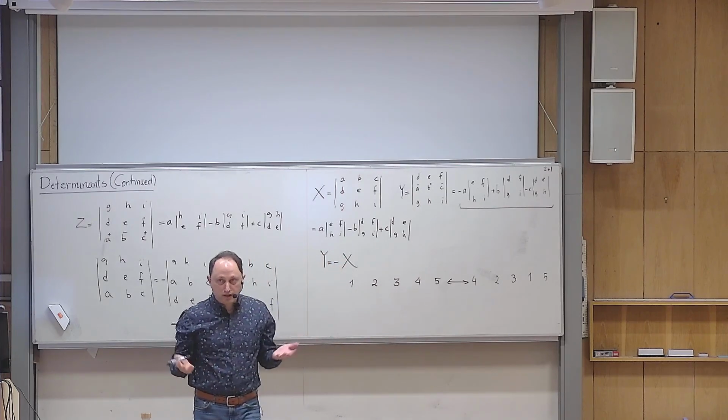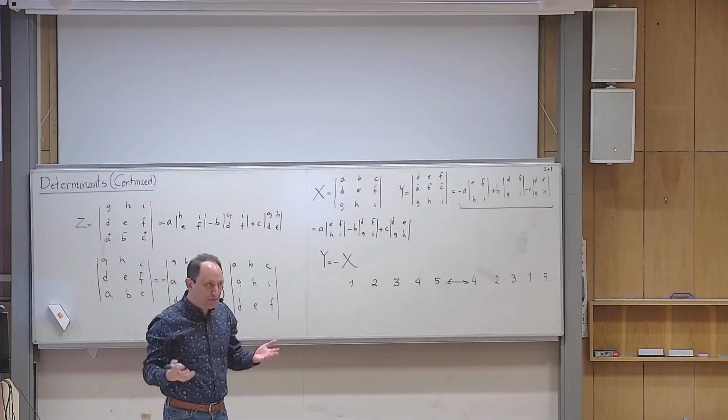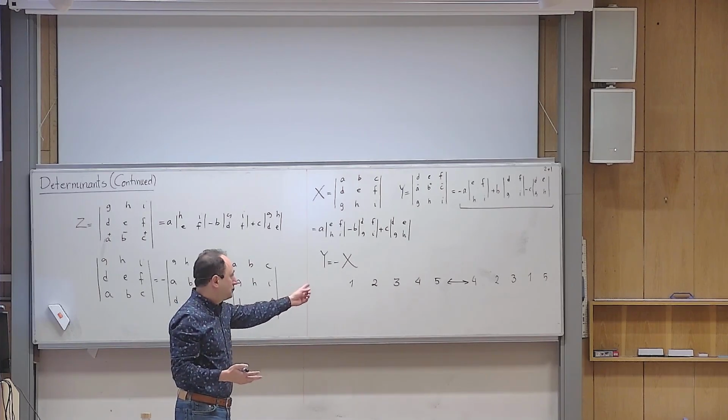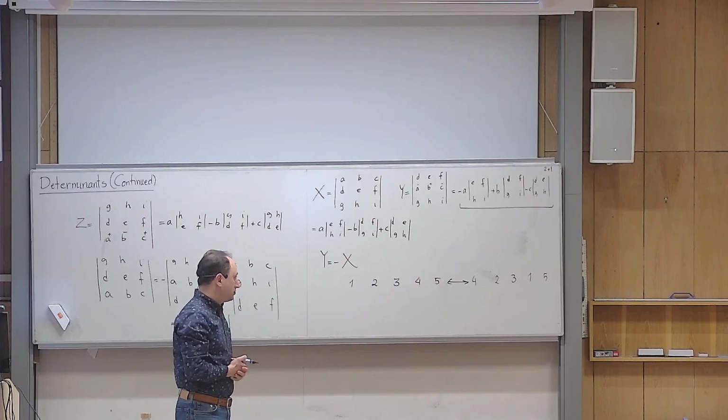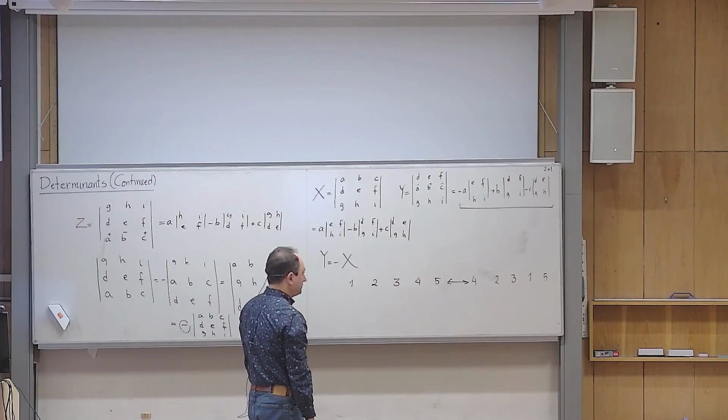If you understand it correctly, the claim is that no matter how these sequences are written, you need an odd number of adjacent interchanges. So let us do one of them. For example, if you want to do this, what do you do?